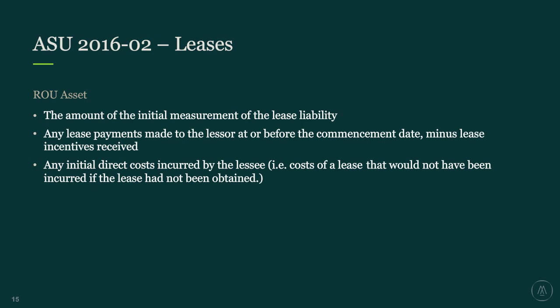Okay, and Emily, it looks like we're ready for the next polling question. All right, this is our second polling question. What is the status of your company's ASC 842 implementation project? Your options are talking about it but not actually started, underway, population identified, analysis ongoing, new disclosures being drafted, or complete or nearly complete.